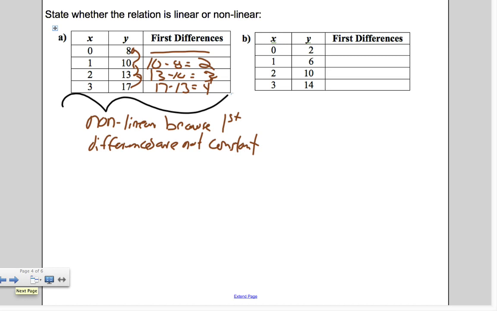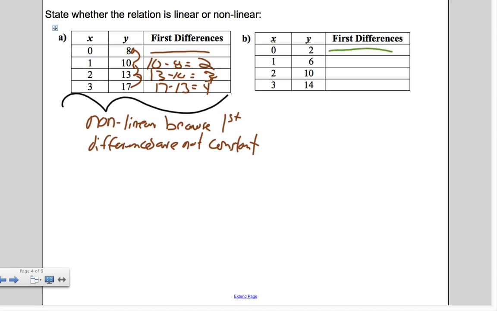Okay, so the second one. The x values again, 0, 1, 2, 3. The y values are 2, 6, 10, 14. So let's do the first difference of this.